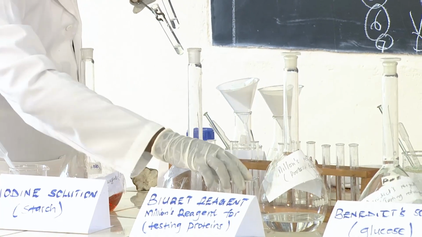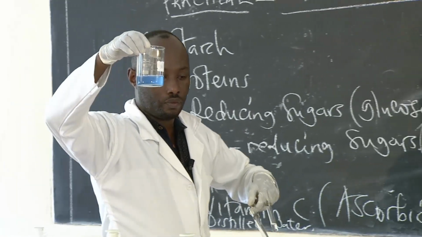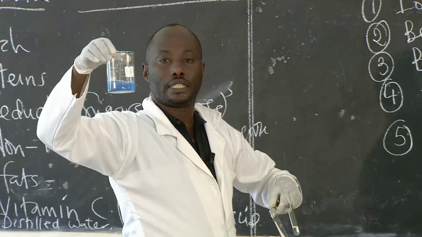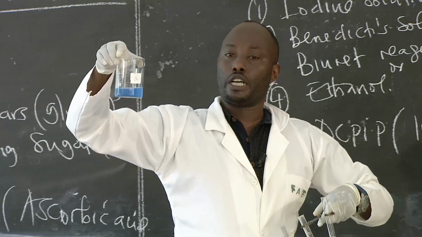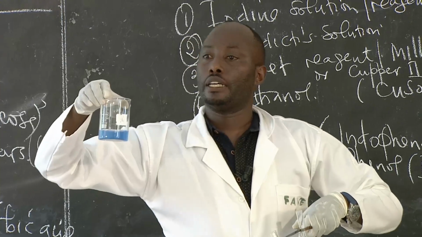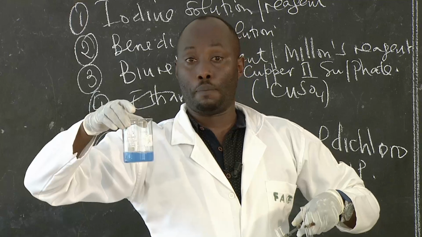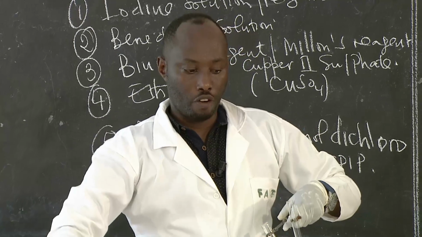Students, before I use the Biuret test, you can see the color of the Biuret solution or Biuret reagent. It is blue in color. If the color of the Biuret persists, it means the sample does not contain proteins. But if the color of the Biuret changes from blue to purple, that indicates the presence of proteins.